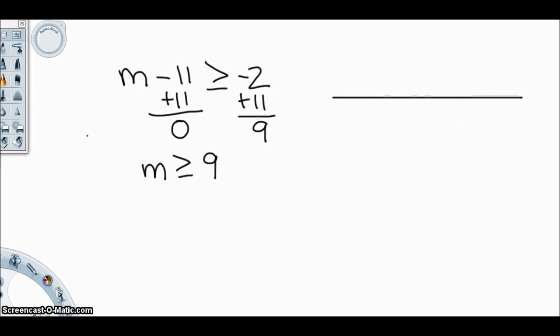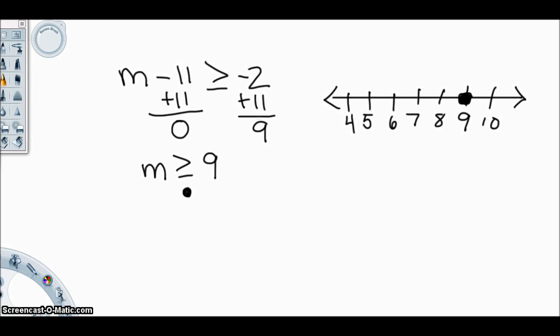So when we graph this one, I make my line, make my arrowheads. I'm talking about the fact that I need to have a closed circle, a filled in dot, because I have the equal to part in that greater than or equal to. So I made my number line 4, 5, 6, 7, 8, 9, 10. 9 is on there somewhere.